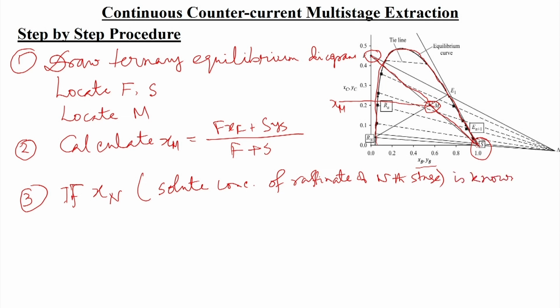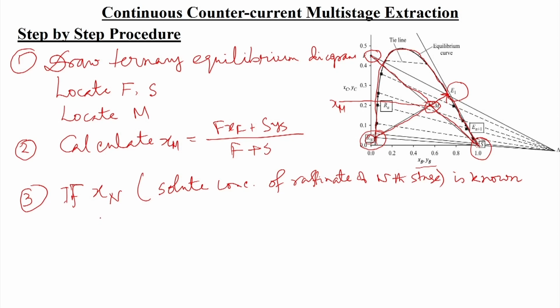Suppose this is given as a known parameter, then we can say R n and M are joined like this. Suppose x n is given, it will be somewhere here, then we have R n known. Then we will be adding this R n and joining M, then we will be extending to the extract arm, then we will be getting this E 1. Okay. So, we will be getting that.